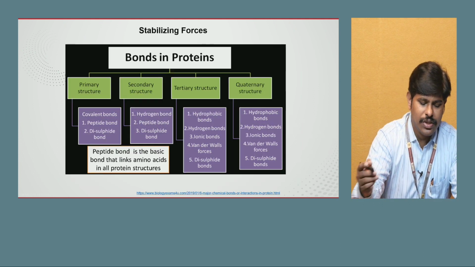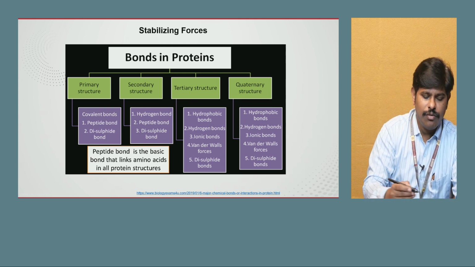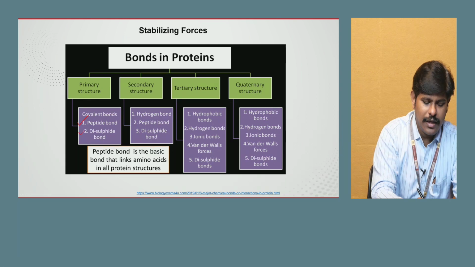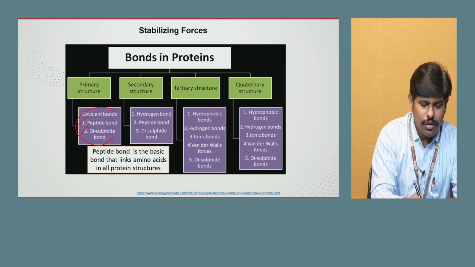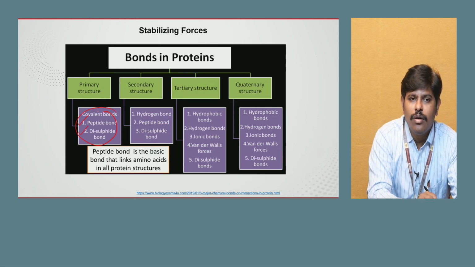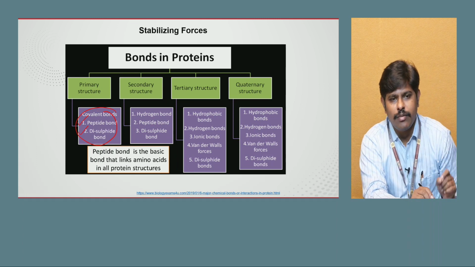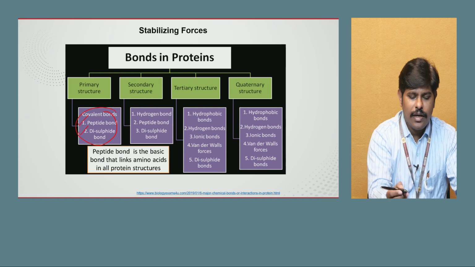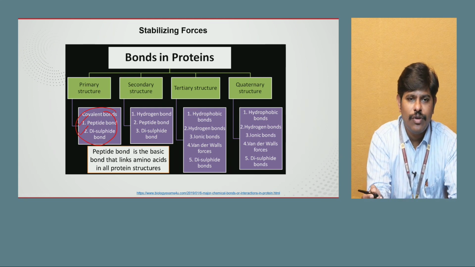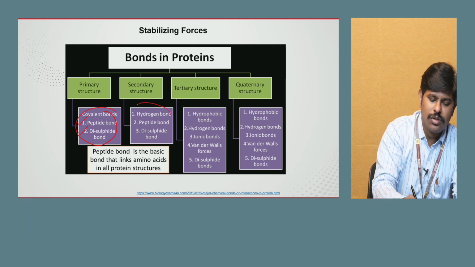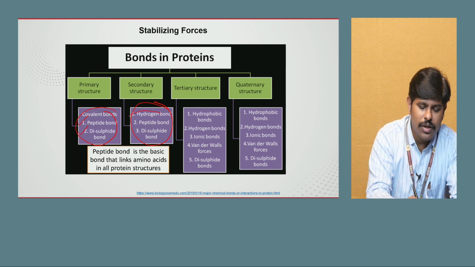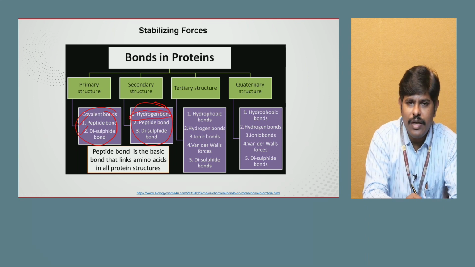So, in primary structure, proteins are made up of peptide bonds and disulfide bonds. Only covalent bonds play a role for the protein structure, which is a linear arrangement of amino acid residues. And for secondary structures where we have alpha helices, beta sheets and turns, hydrogen bonds, peptide bonds and disulfide bonds. So, additionally hydrogen bonding will be added up to the primary structure.